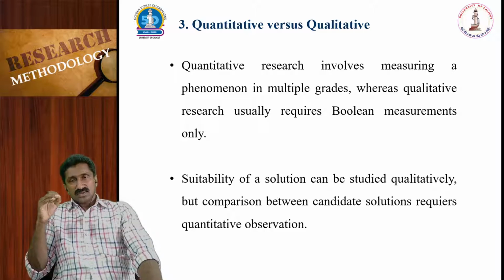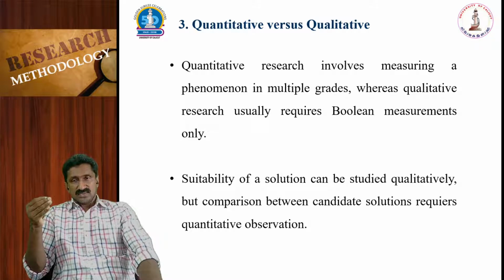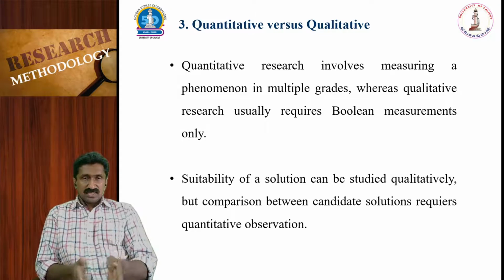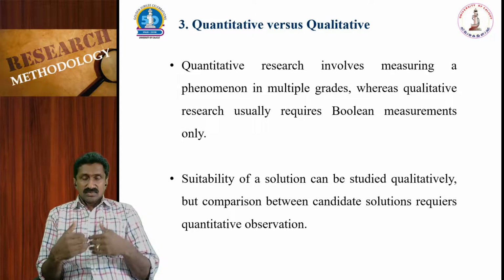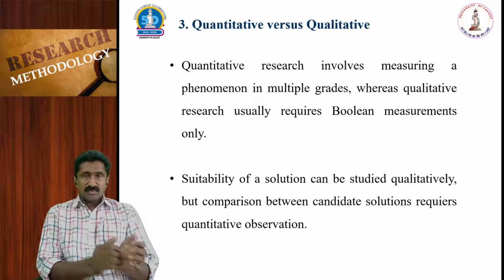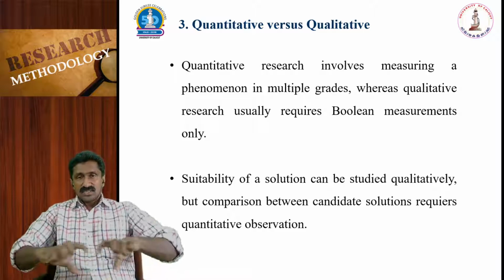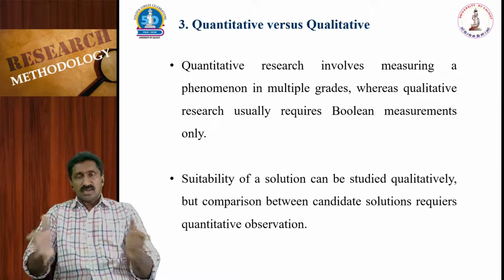And suitability of a solution can be studied qualitatively, for example, you can say whether something will affect the male population or female population. It's a grouping, and that means it can be qualitatively measured.